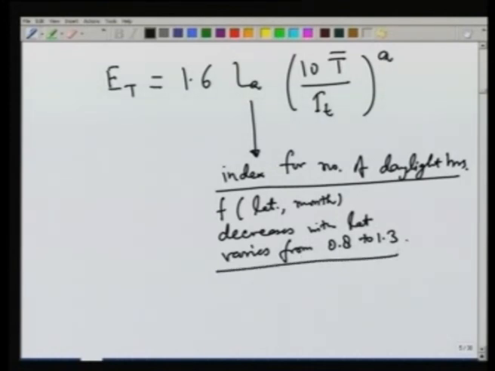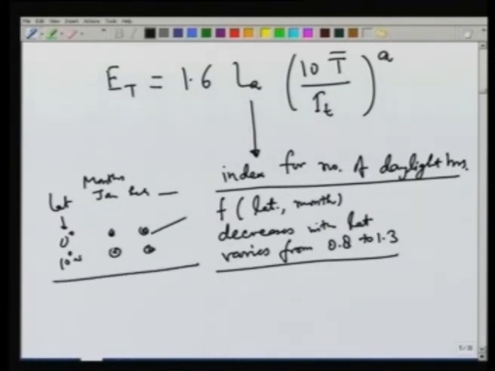So, there are tables available for different latitudes and different months, January, February and so on, latitude 0 degree, 10 degree north and so on. So, we will have these values of L_A given in a tabular form, and you can look up from here what is the value. So, this is an index which denotes the number of daylight hours for a particular month.